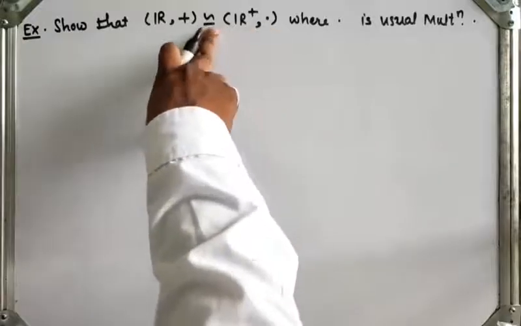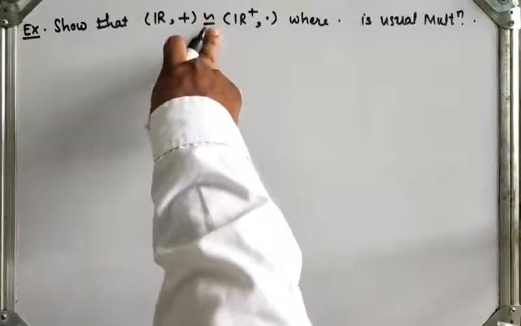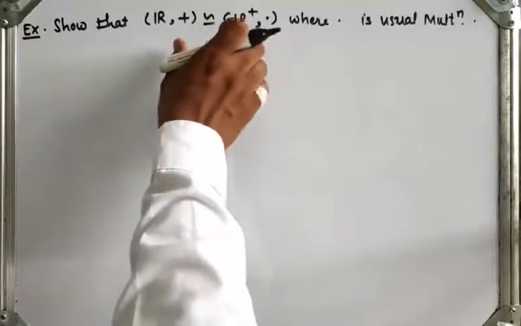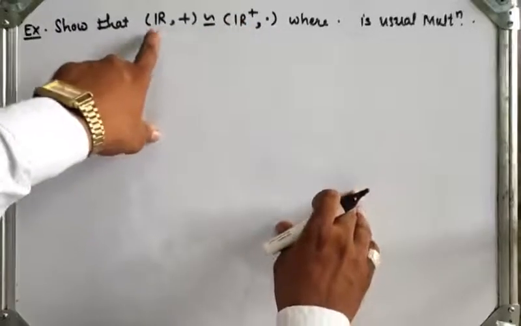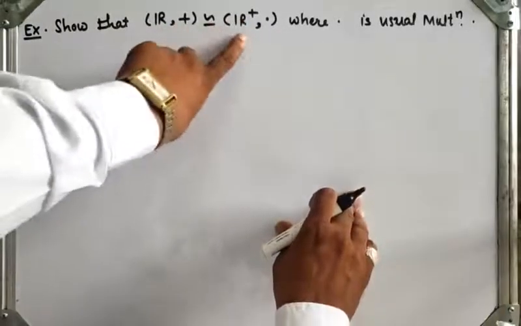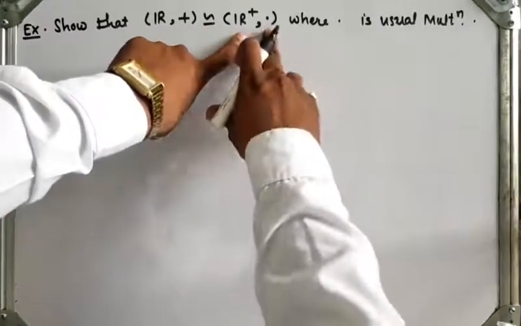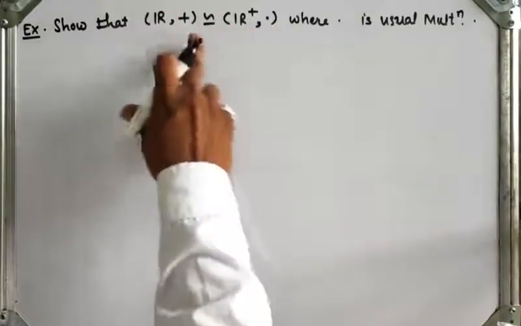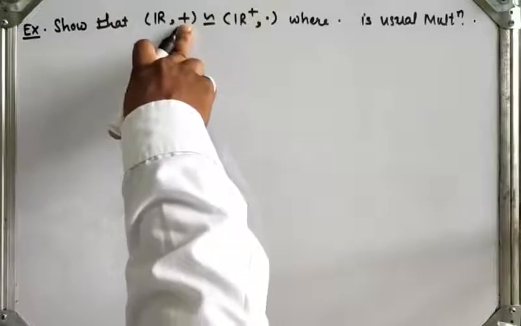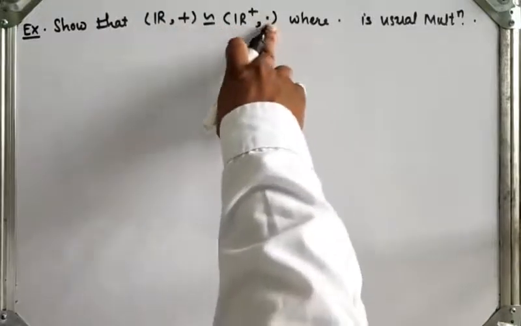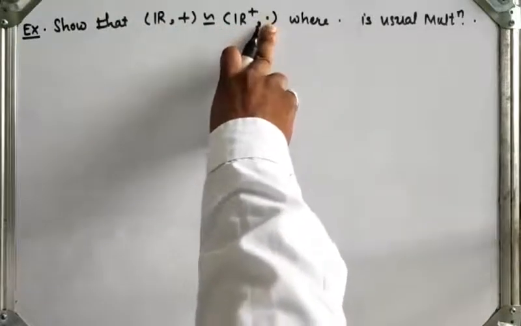Here this sign is the notation of isomorphic. Two sets are isomorphic. Here the first set is R under addition and the second set is R plus under multiplication. In the first set the binary operation is addition, in the second set the binary operation is multiplication.